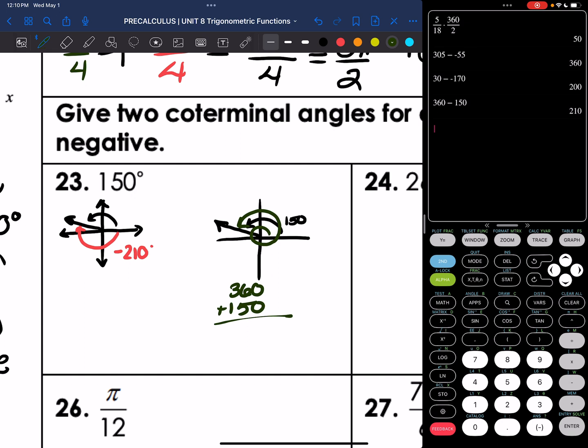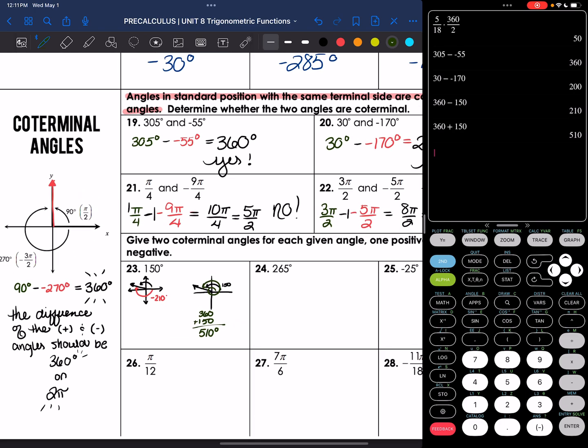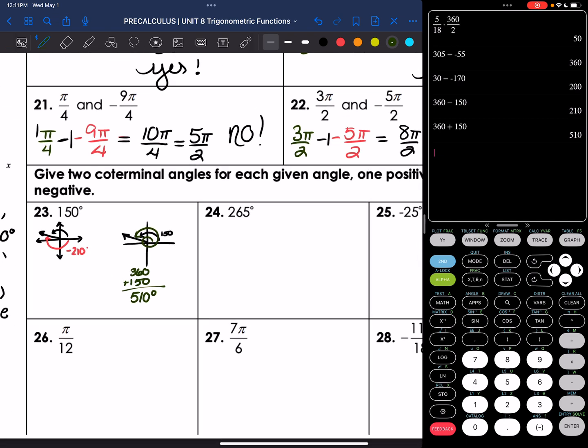That's going to be putting me at 510 degrees. That would also be coterminal. I would end in the same place. I would have just rotated a lot more, probably gotten dizzy from all of that spinning around and round, right? So there you go, guys. That's an example, 1 negative and 1 positive.